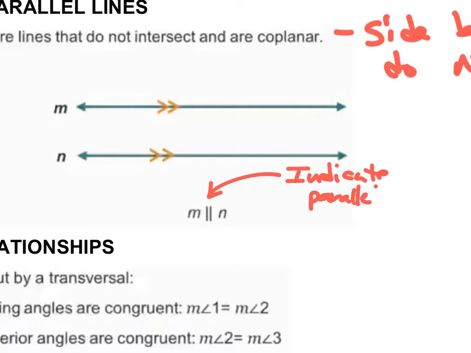So that's the symbol we would use. And that's two lines just running up and down, so M is parallel to N, and that's how we'd read that. You can also use the arrows here to indicate that they're parallel. So you can look at a picture, and if you have two arrows, that indicates that they're parallel, even if you had one arrow, that would indicate that they're parallel, okay?